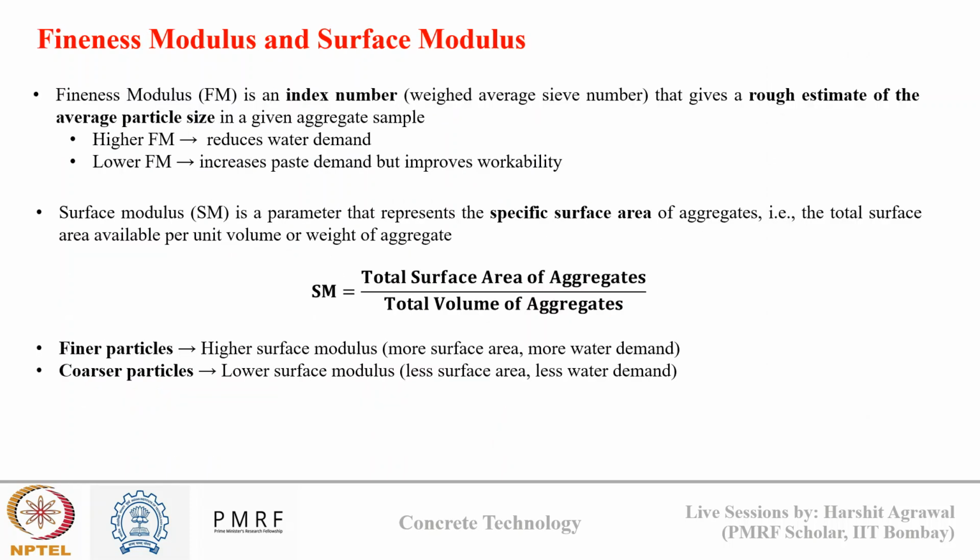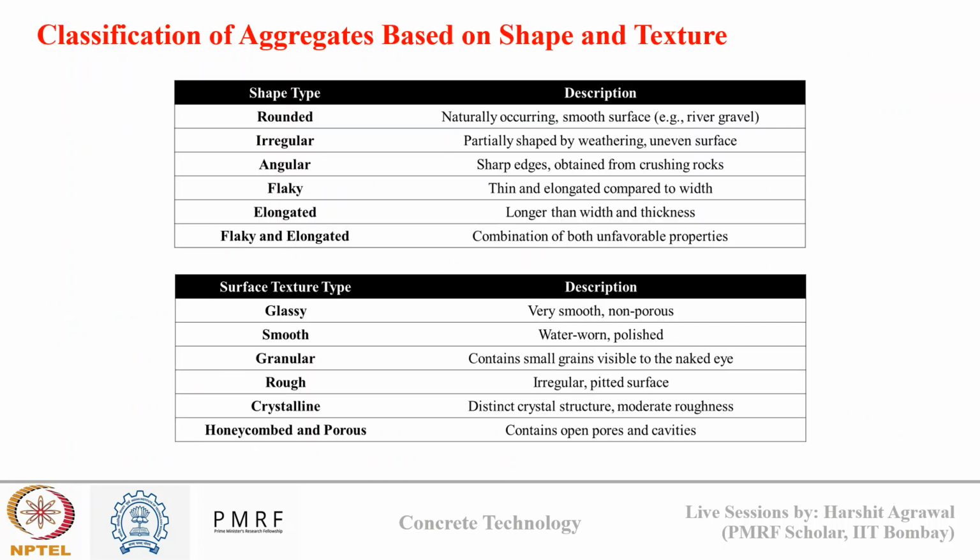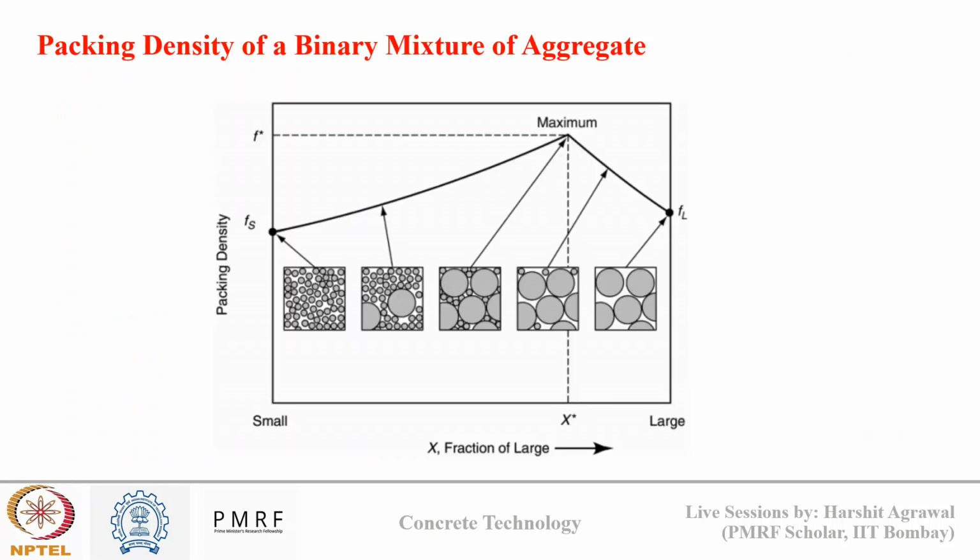Then we talked about two quantitative measures based on sieve analysis. These are fineness modulus, which is used for fine aggregates, and surface modulus, which is used to calculate the net surface area of an aggregate batch. We had a quick overview of classification of aggregates based on shape and surface texture. We discussed packing density of aggregate in single-sized and multi-sized systems.